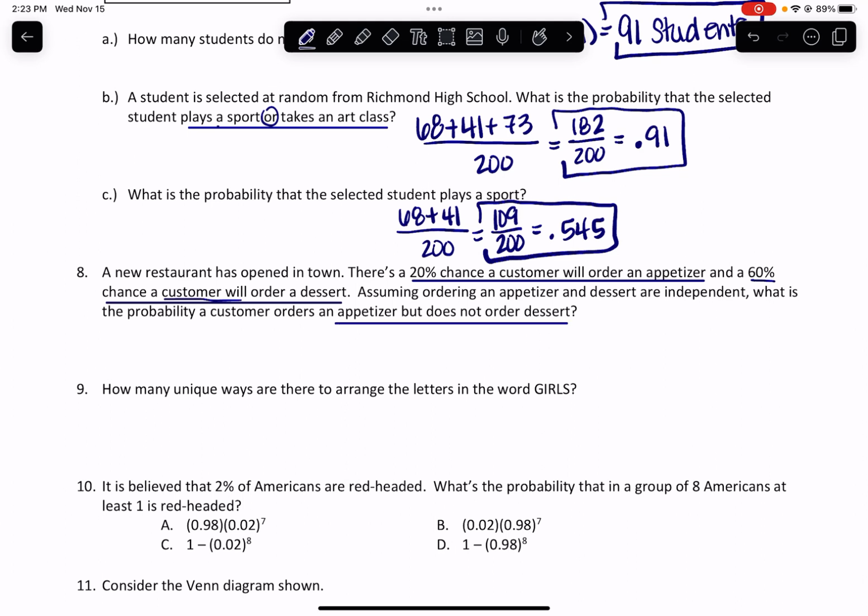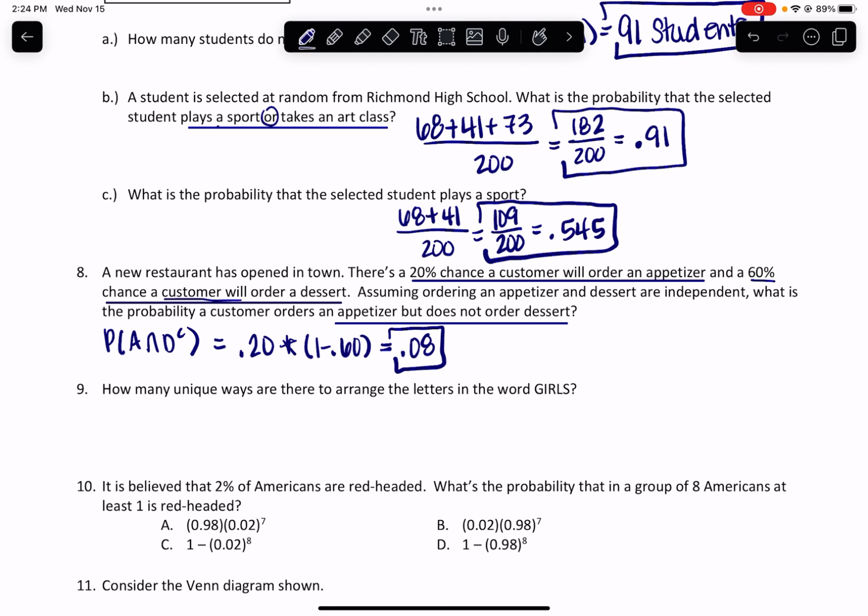So what you're looking for is the probability of appetizer intersect dessert complement. So an appetizer is 20%, intersection means times, and dessert is 60%, so the complement is 1 minus 60% or 40%. And when you multiply that, that is 0.08.